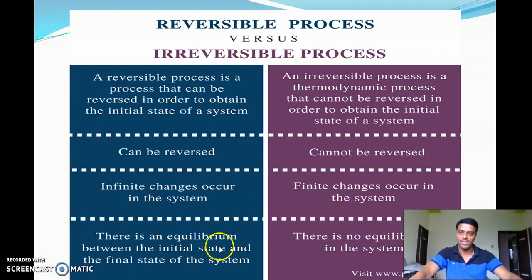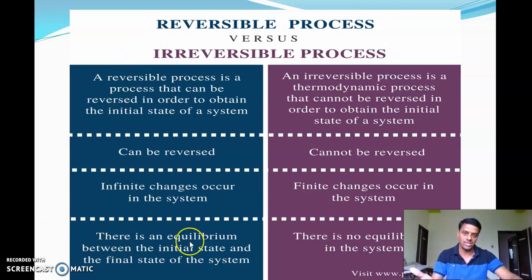During the reversible process, there is an equilibrium between the initial state and final state of the system. When the reversible process proceeds, reactants are converting into products as well as the products are getting converted into reactants. This is a reversible process, and the equilibrium state is attained during it.